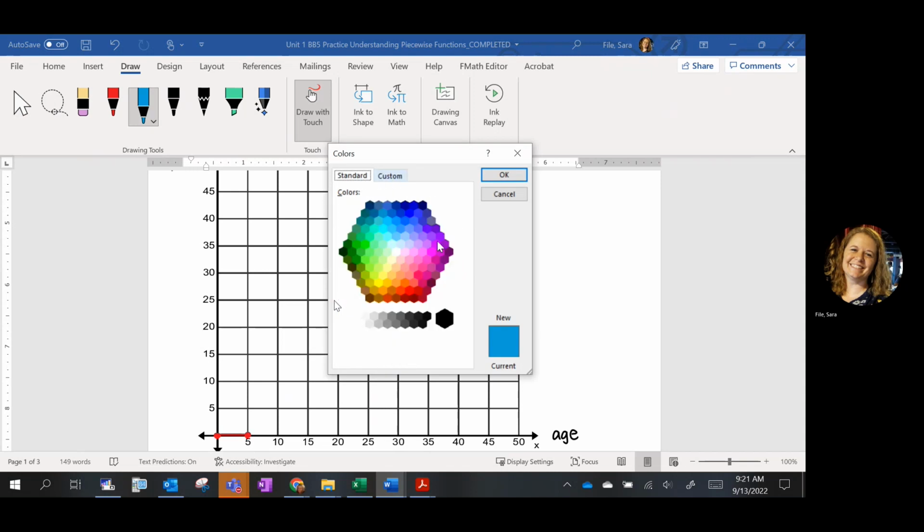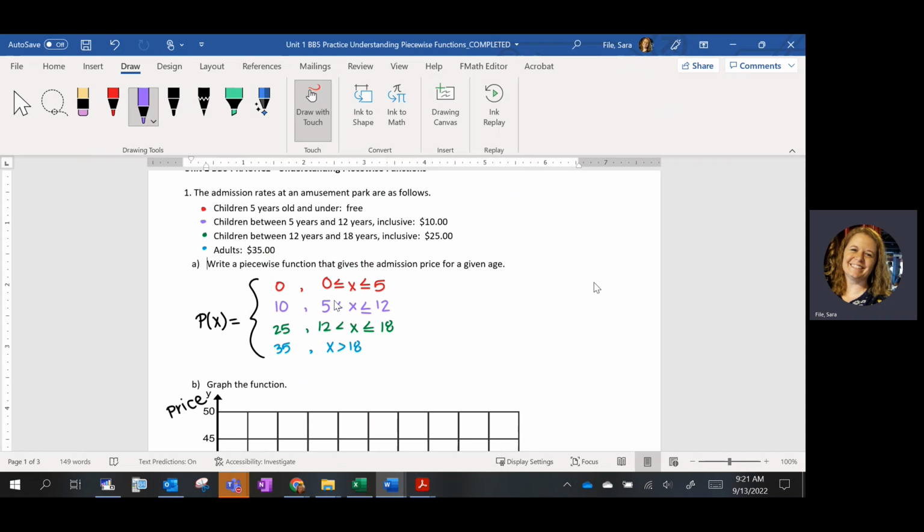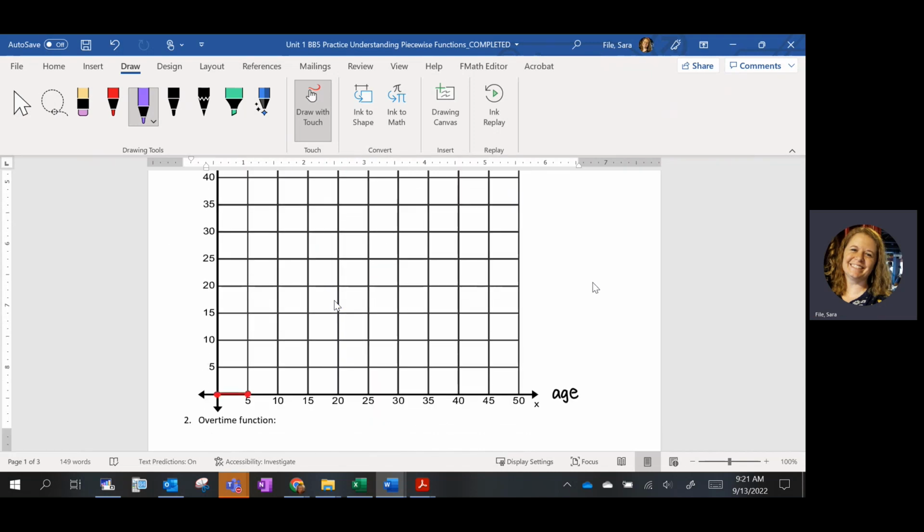Okay, to $10 between 5 and 12. So 12 is going to be about here. And it's inclusive. The 5 was not inclusive, so you need to make sure that that one was an open circle. Okay, and then you have the constant function between those.